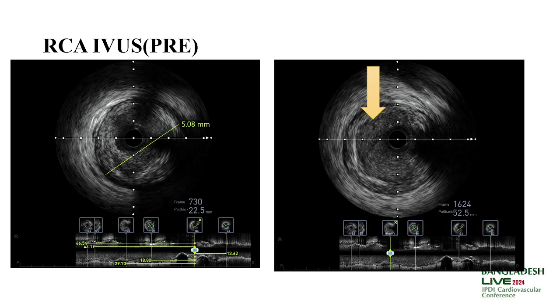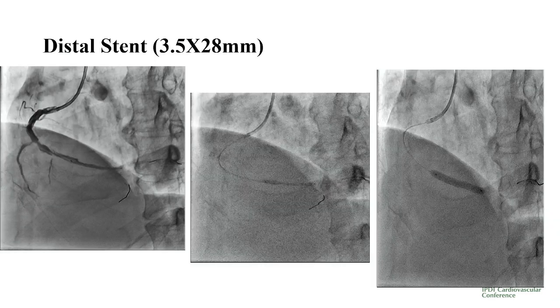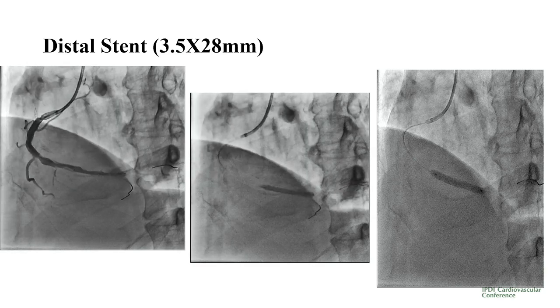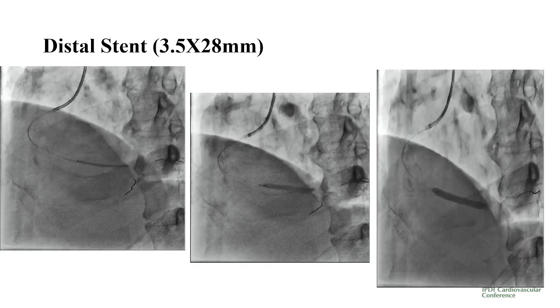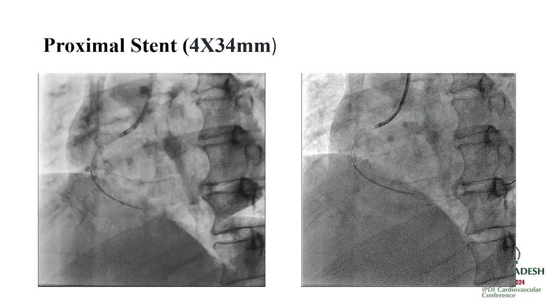Look at the diameter, it is almost 5 at the mid right coronary artery. This is the diameter of the distal RCA and the mid RCA. Distal RCA is approximately 3.3, 3.6, and mid is 5.4, 5.3. So we planned for 2 stents as the diameter is mismatched, and distally we put a 3.5 by 28 millimeter stent, overlapping a 4 by 34 millimeter proximal stent.